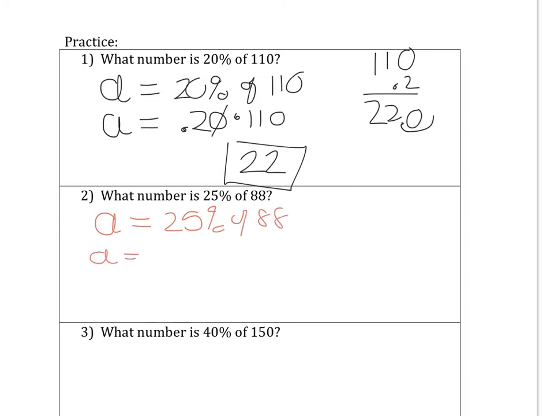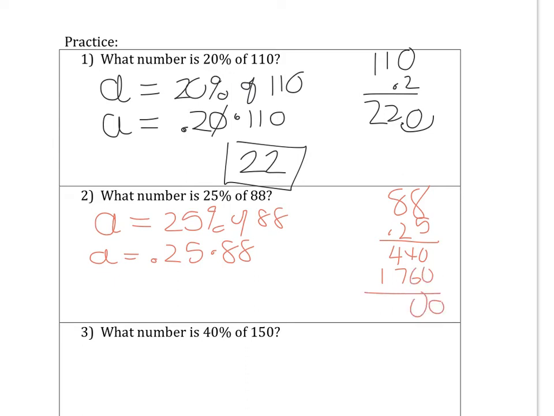So A would equal 0.25 times 88, and then we'd have to multiply that. 88 times 0.25 gives me, I believe, 1760. And move the decimal 2 places. And again, this comes to 22.